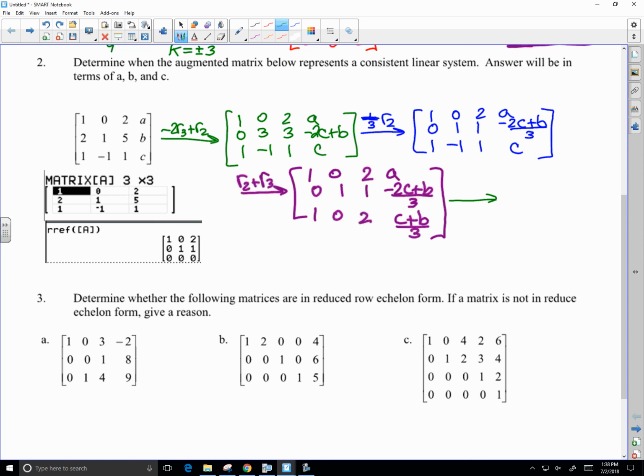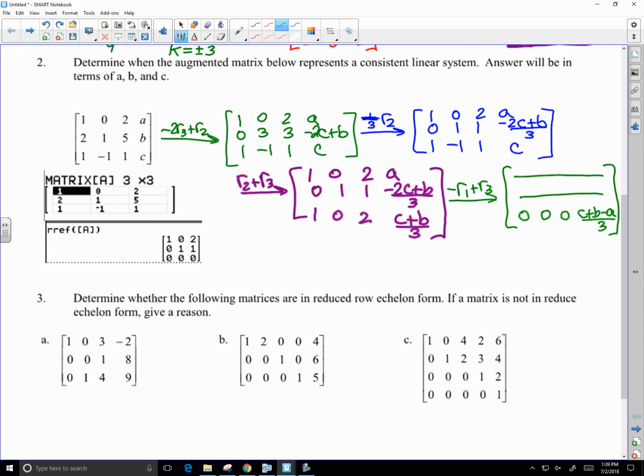Then negate row 1, add to row 3. That's actually the last step, right? Yeah, so I'm just going to do it this way. So c plus b minus a over 3.